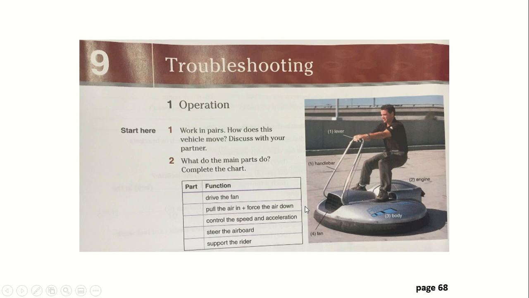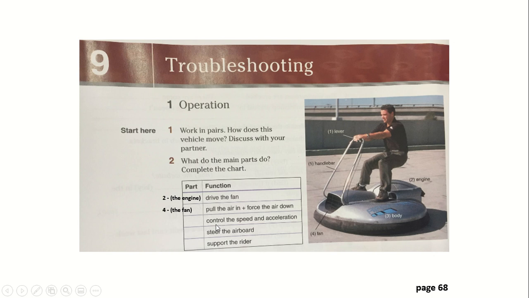Let's look at the first function. Drive the fan. Which part here in this picture is responsible for driving the fan? It's the engine, or number 2. Okay, and which part pulls the air in and forces the air down? It's the fan.